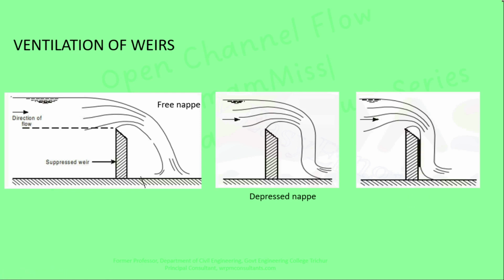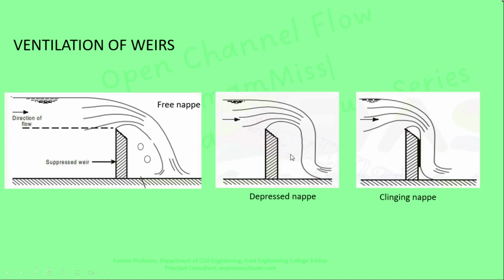All the expressions for the computation of discharge of suppressed weir we derived earlier are based on the concept that the weir is discharging freely to the atmosphere and the pressure here is atmospheric pressure. In order to keep the pressure atmospheric, we have to provide air holes, and the area of the air hole is more or less equal to 0.5% of the area corresponding to the length of this weir multiplied with the depth of water available at the downstream side.